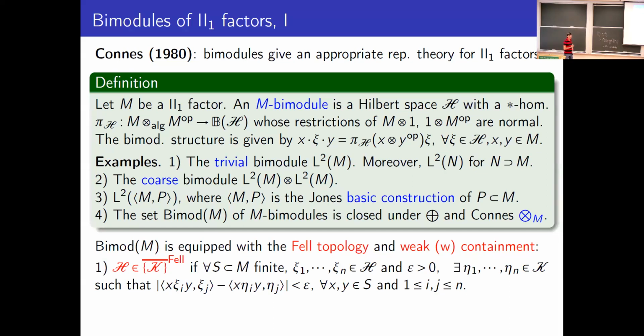So if I have two M bimodules H and K, the first one, H, belongs to the closure of the singleton K in the Fell topology if and only if the following holds.